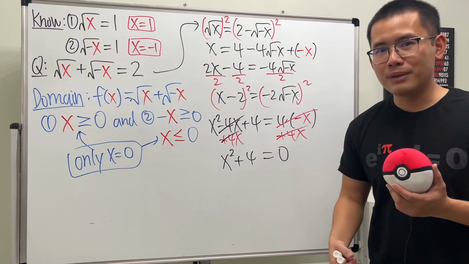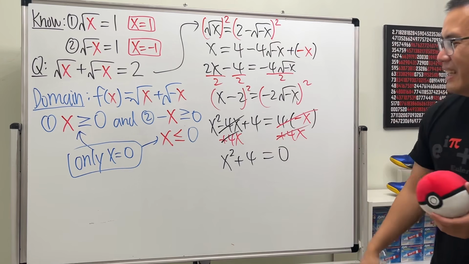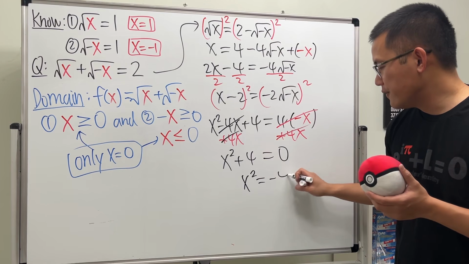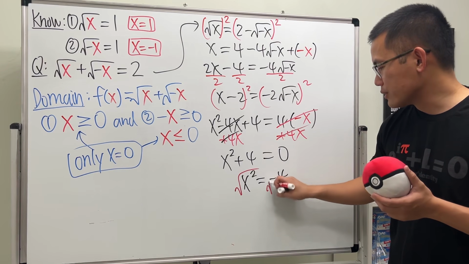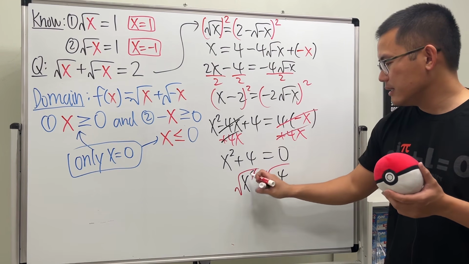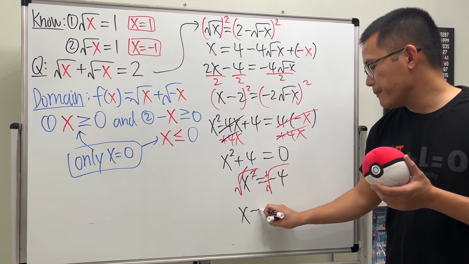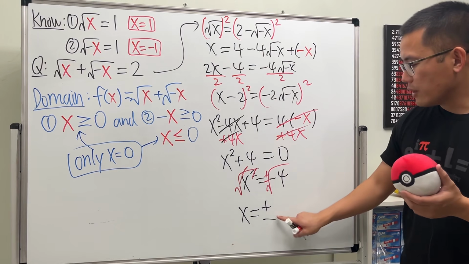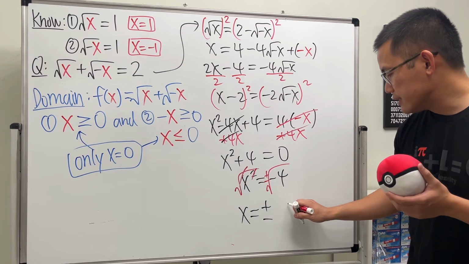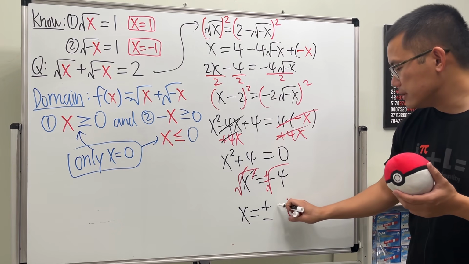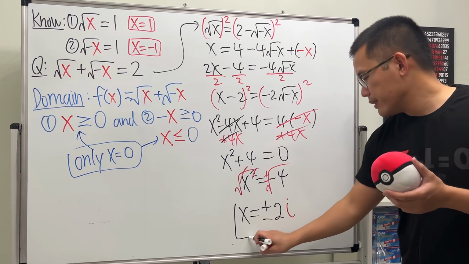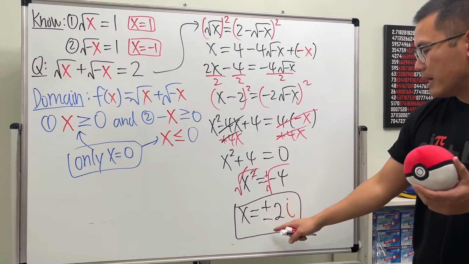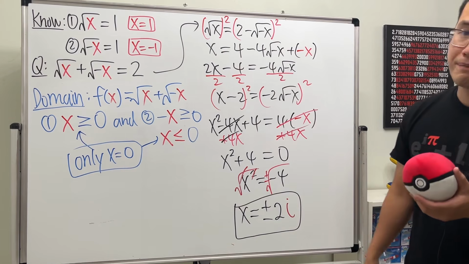Move the 4 to the other side, we get x squared equals negative 4, and then we can take the square root on both sides, and don't forget the plus or minus. Ladies and gentlemen, x is equal to plus or minus. When we have square root of a negative number, that will give us the i, and then square root of 4 is simply 2. So the answer for this equation is in fact plus or minus 2i.